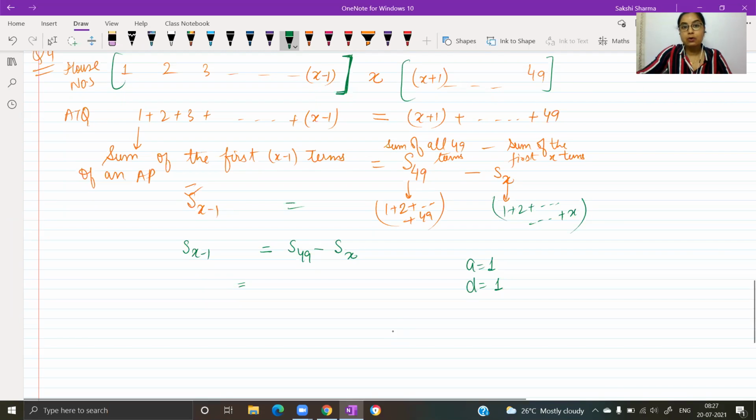Left hand side. Now, if you want, we can write down the formula on a side. This is the formula we have in general. In place of n you have to use x minus 1, in place of a, 1 will come, and in place of d, 1 will come. I'm just simplifying this.